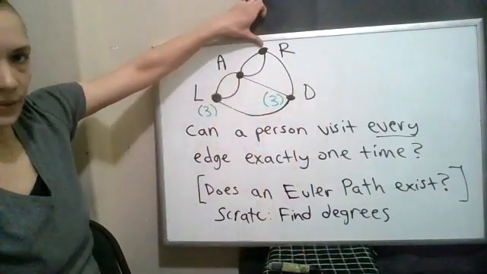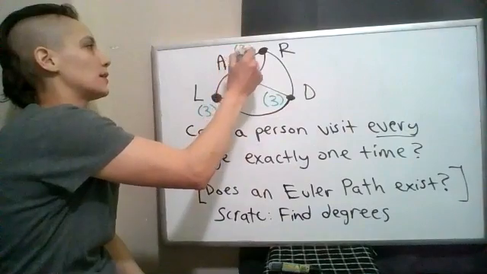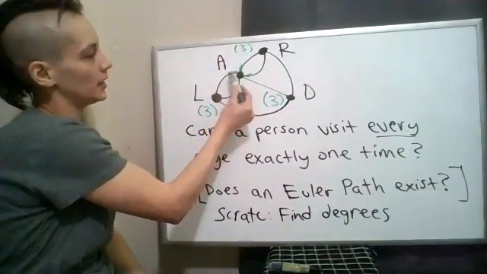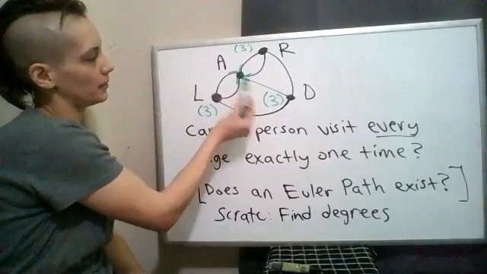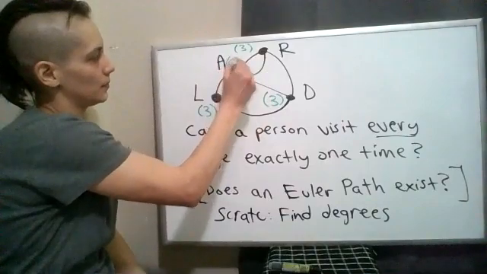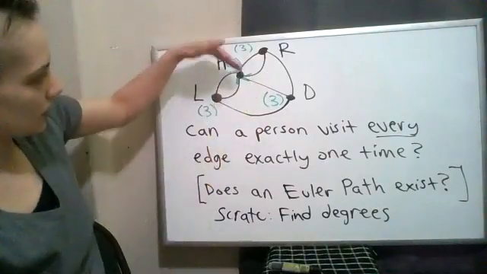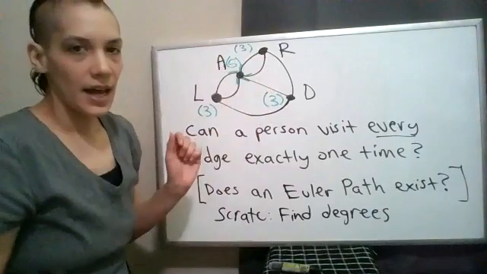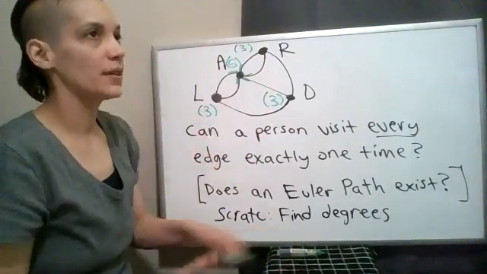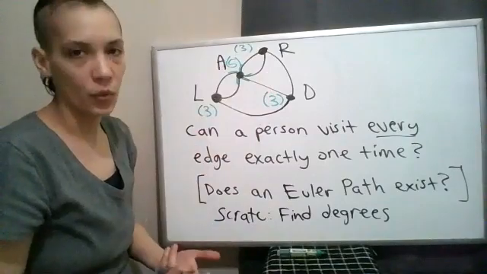Also degree 3. And that's 1, 2, 3, 4, 5. Okay, I have more than 2 odd vertices, so it's not going to have an Euler path or an Euler circuit.